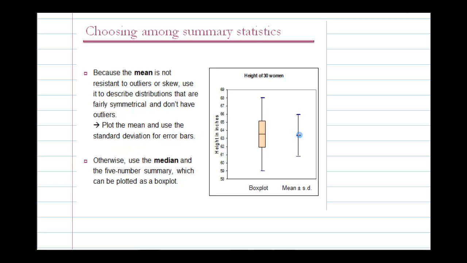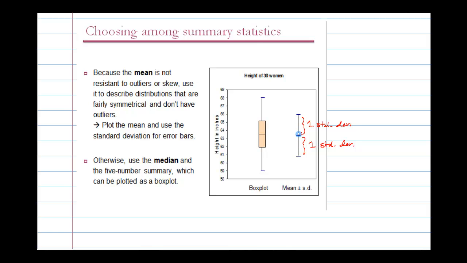So here's the mean. Here's one standard deviation. So this is one standard deviation above, and this is one standard deviation below. And we can see that there's not a lot of spread, and this will always be right in the middle because you're adding and subtracting the same value from the mean.